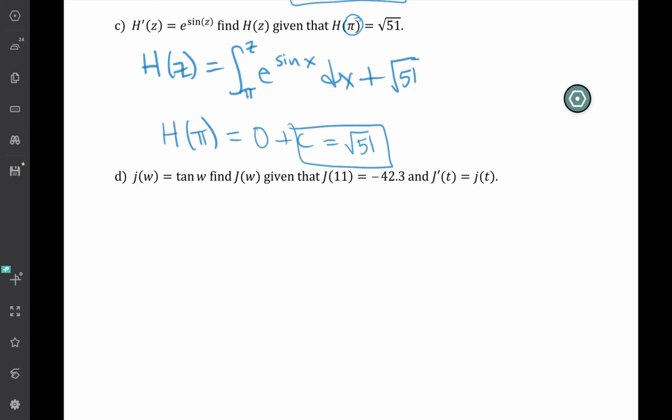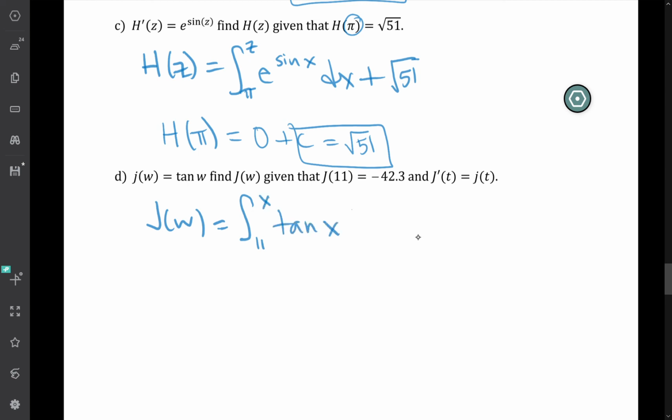Okay, last one on my list, j of w is tangent w. I want to find its antiderivative given that j of 11 is supposed to equal negative 42.3. So for j of w, we're going to integrate from 11 to x, tangent x, and plus c.